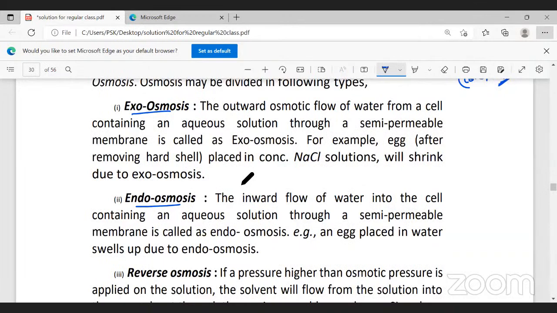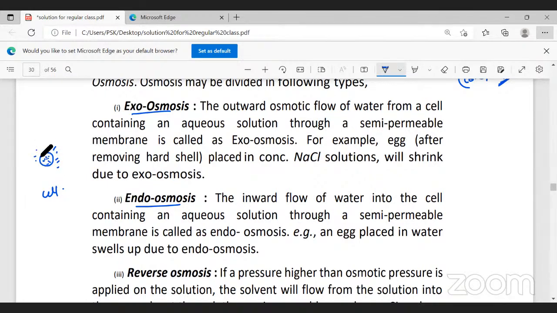What is exoosmosis? If you have a cell here, any cell for that matter, and this cell has some fluid inside, and there is some fluid outside also.